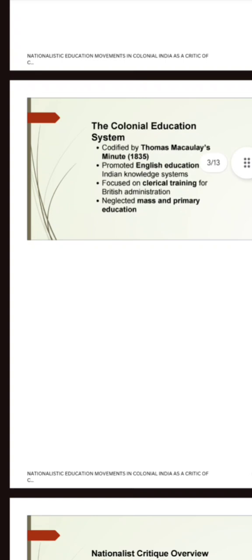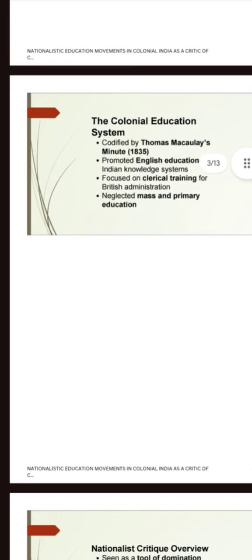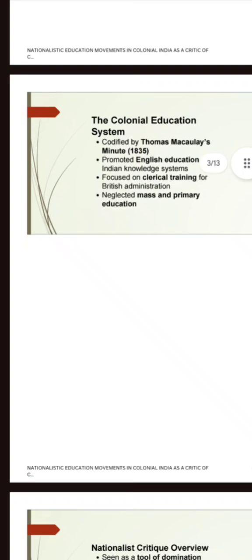The next one is the colonial education system. Codified by Thomas Macaulay's Minute of 1835, it promoted English education over Indian knowledge systems, focused on clerical training for British administration, and neglected mass and primary education.